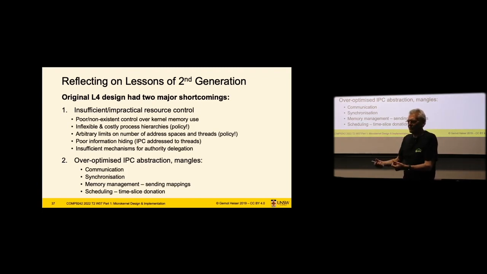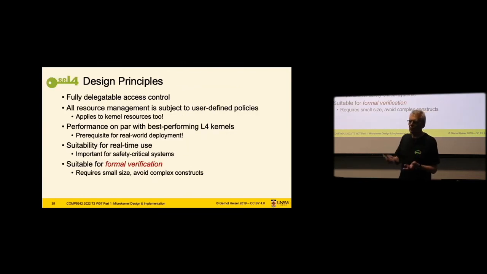Whereas in SeL4, you can of course grant a capability by sending it over IPC, but that's not the only way to establish mappings. In many cases, you can directly execute a map operation using a frame capability and an address space capability. And scheduling was also enabled with time slice donation. So it was really an over-optimized abstraction, and that meant it didn't serve all purposes properly.